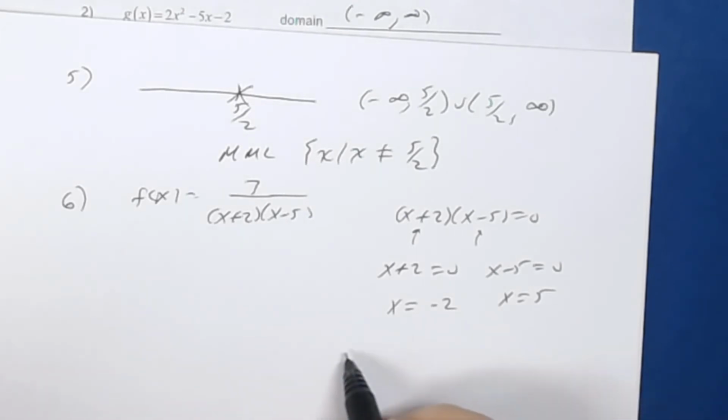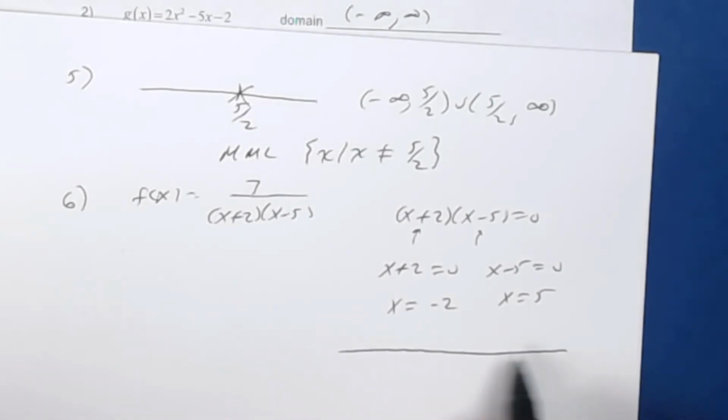So what you do at that point is you put those two on the number line in order. So negative 2, 5. You can't use those, so you cross them out. And so notice that my domain would be any real number except those two. Those two values that make my denominator 0 divide the number line into 3 intervals.